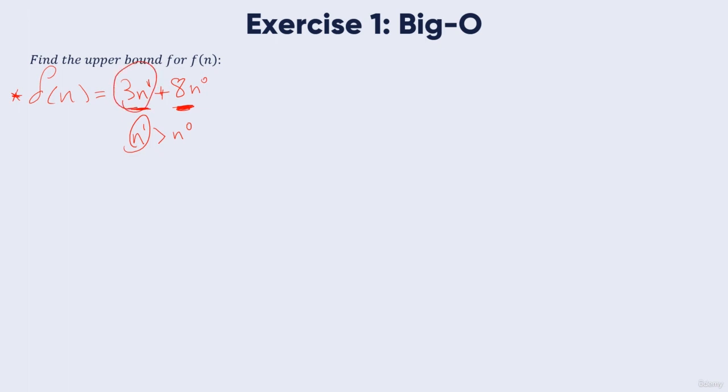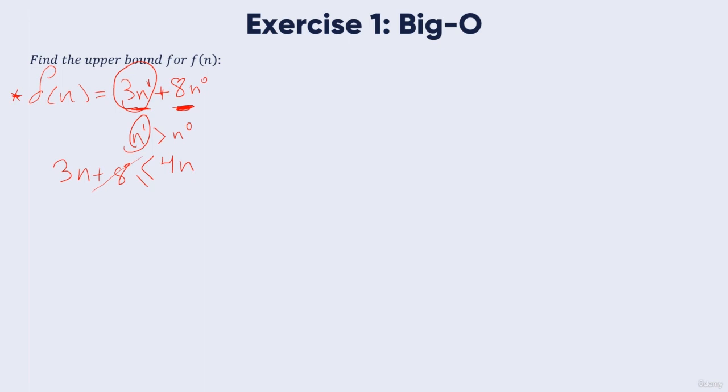This means we remove the constant. 3n plus 8 is less than or equal to 4n, if we neglect the 8, since 3n is less than or equal to 4n. It's true.